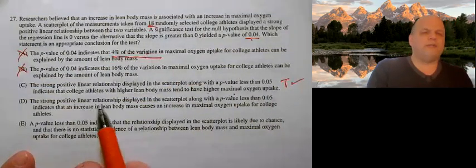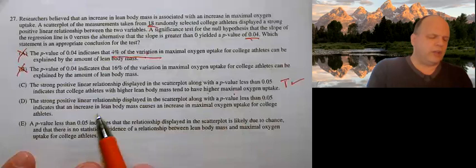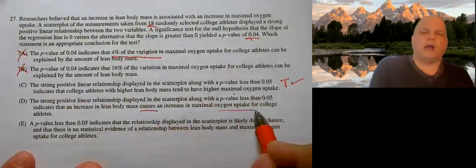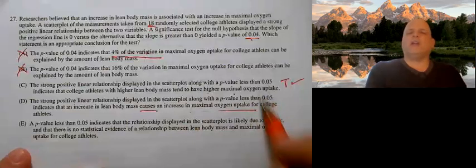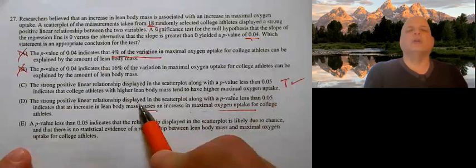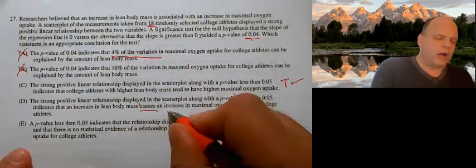The strong positive linear relationship in the scatter plot, along with a p-value of less than 0.05, indicates an increase in body mass causes an increase in maximal uptake. These two are very, very close. All right, but this says cause. Was this an experiment? And the answer is no. It was an observational study, so we can't use the word cause.